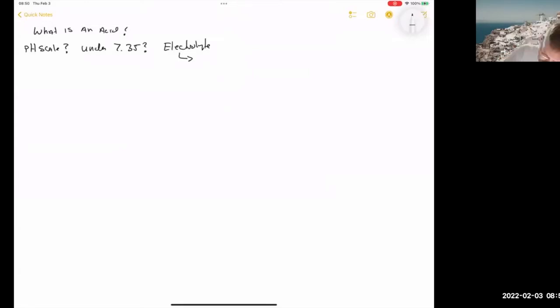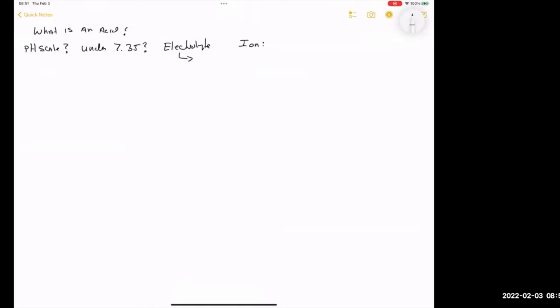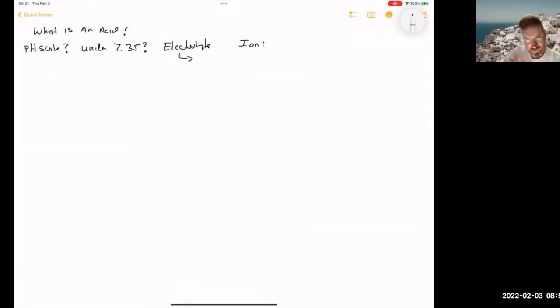So remember I talked about the concept of an ion, right? Let's review this. What is an ion? The positively charged electron, I guess. You're moving in the right direction. So an ion is an atom or molecule that takes on a charge.